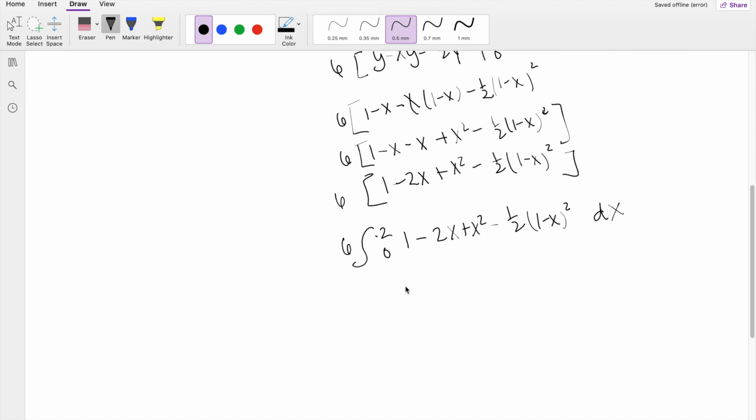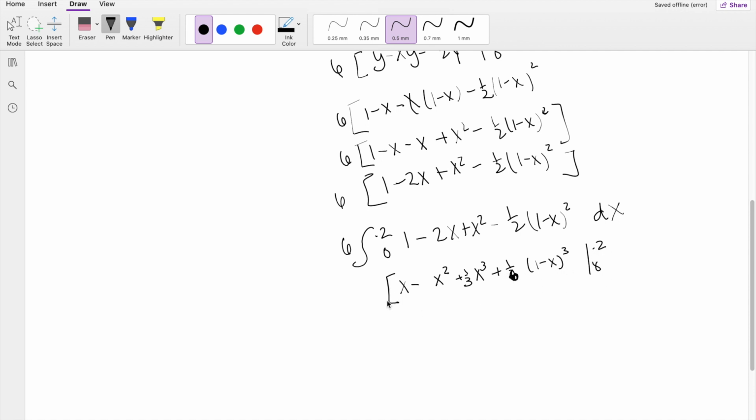Taking the antiderivative, you get x minus x squared, x squared divided by 2 times 2, that's just nothing, plus x cubed over 3, minus 1/2 times 1 minus x cubed over 3. So this is technically negative, and with the 6, that's positive, integrating from 0 to 0.2.